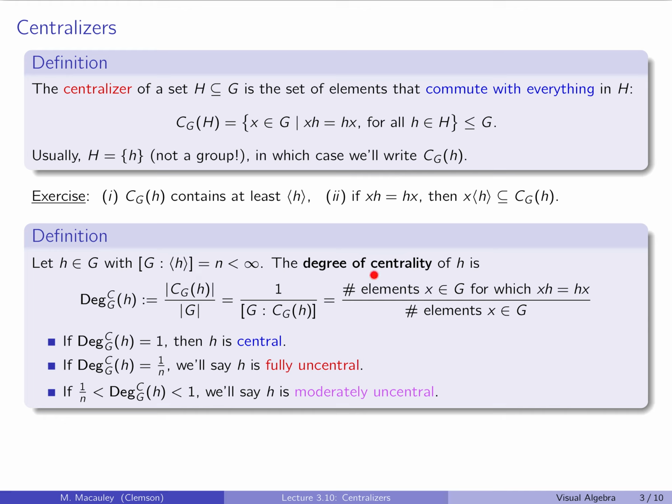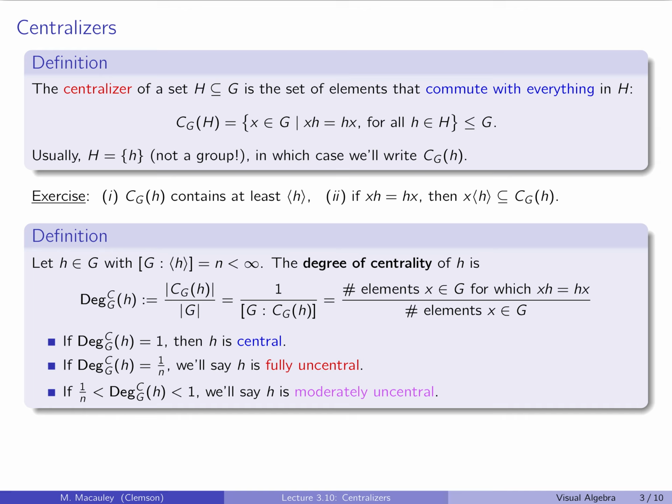The degree of centrality of H is the size of the centralizer of H divided by the size of the entire group, which by Lagrange's theorem is just 1 divided by the index of the centralizer in G. Equivalently, this is just the number of elements in the group that commute with H divided by the total number of elements in the group. So think of this as the proportion of elements that are in blue cosets.